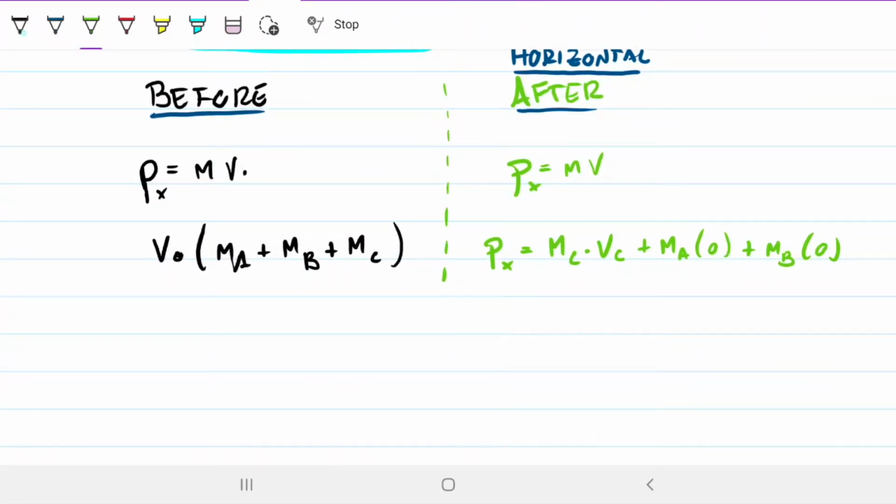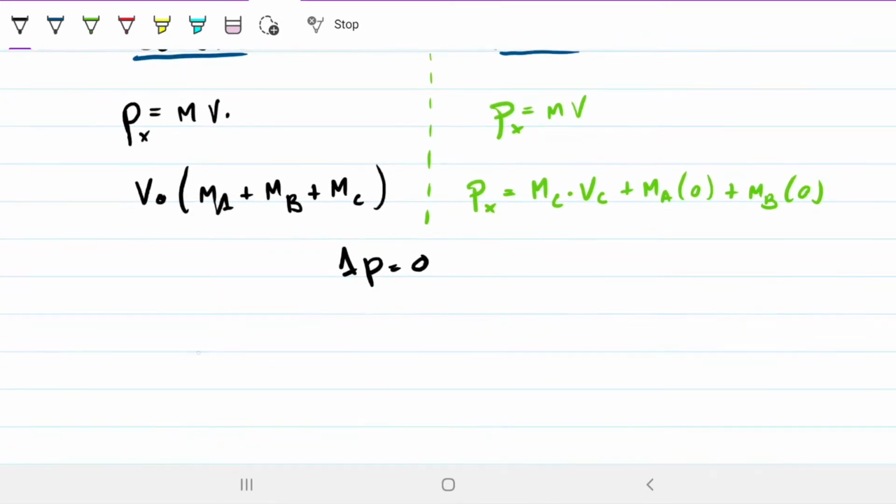So if the conservation of momentum has to be respected, so if delta P is 0, then my v naught times the three masses, which are exactly identical, so 3 m v naught, has to equal the mass of C times the velocity of C. Now, the mass of C is the same as before. Therefore, VC is just 3 times v naught, and v naught is 0.4. So VC is 3 times 0.4, which is 1.2.